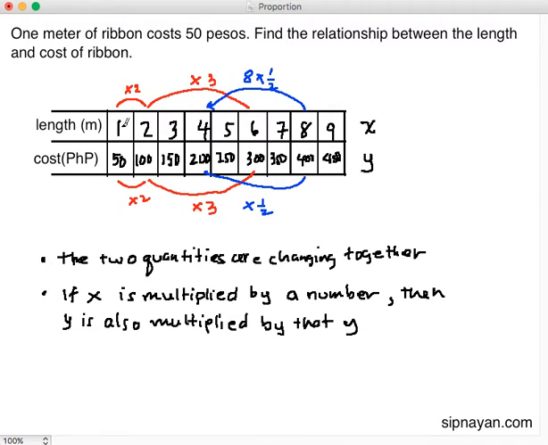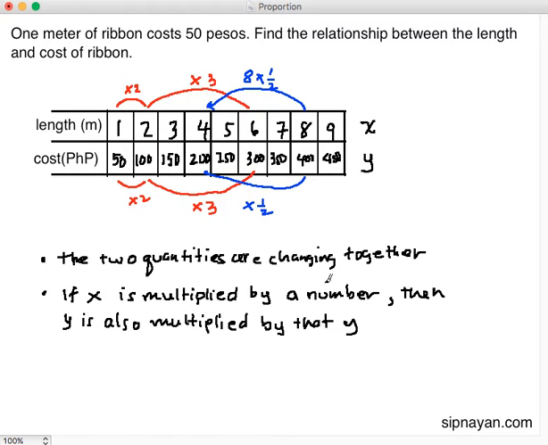Ibig sabihin, kung nag-times 6 ka, for example, 1 times 6, you multiply the quantity 6 times, and then yung kabila din ay nag-multiply din siya ng 6 times.